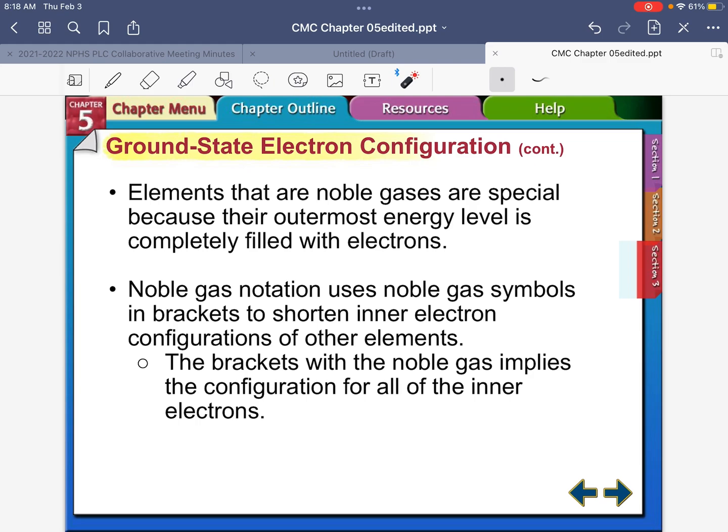We put that noble gas in brackets, and then that implies all of the inner electrons that are in that atom. And then the remainder of the configuration is everything after that noble gas until we get to the element in question.